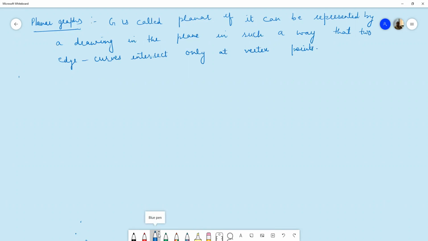Now we define degree of a vertex. The degree of a vertex in a graph is defined to be the number of edges that are incident with that vertex.